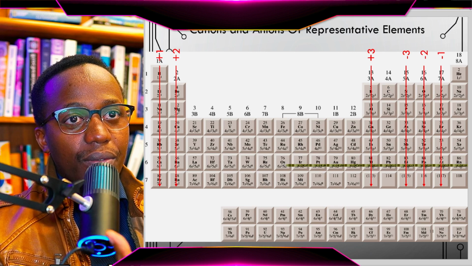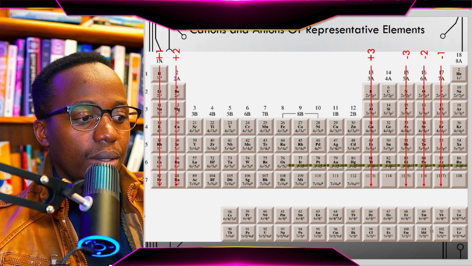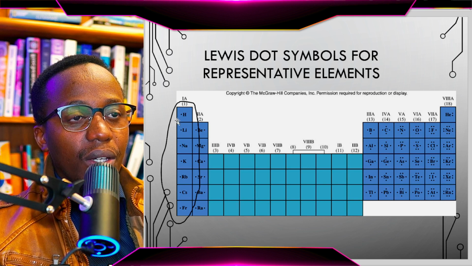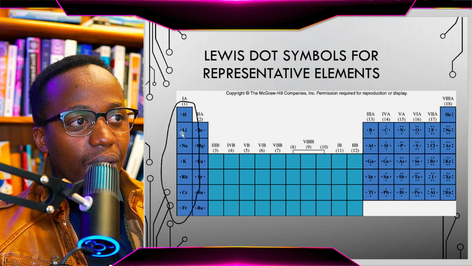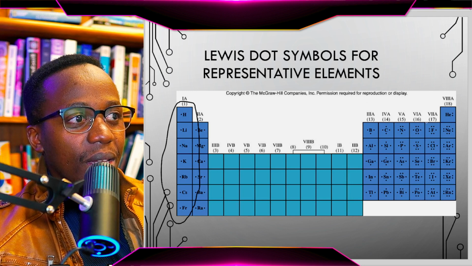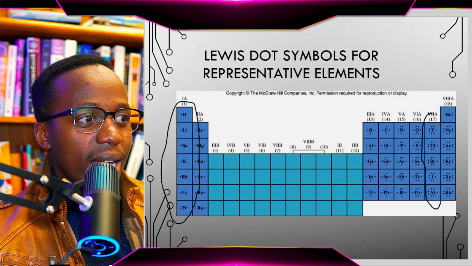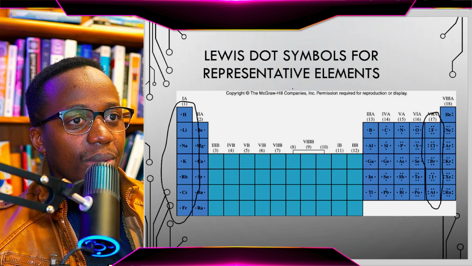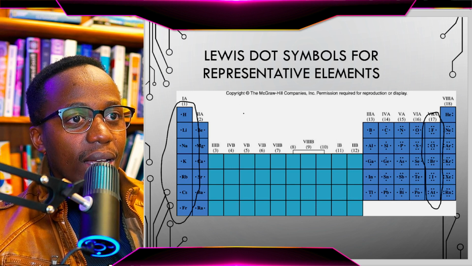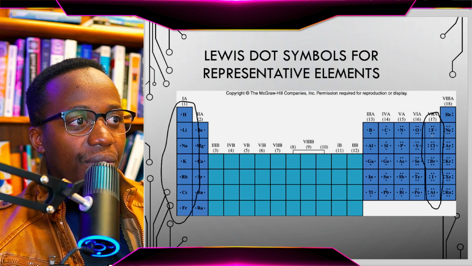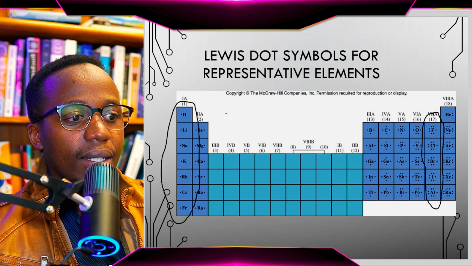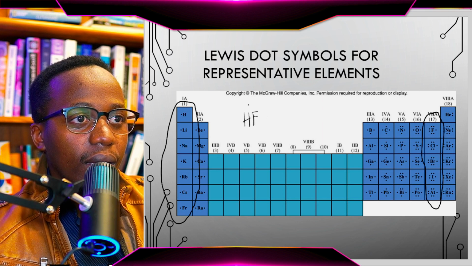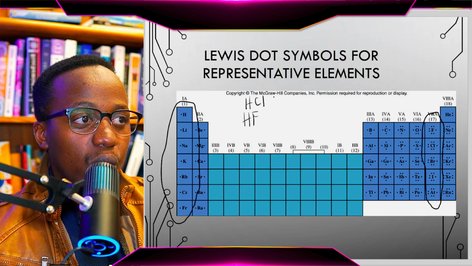So now that we looked at the Lewis structure, for example, if a Lewis structure has 1 electron to give here, and on the other side, the Lewis structure has 1 electron to receive, it's going to be a one-on-one relationship. That's why you have H and F, right? You have things like HF, HCl, they are 1 to 1.